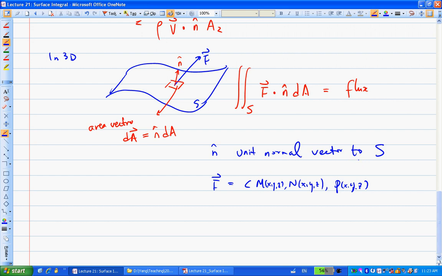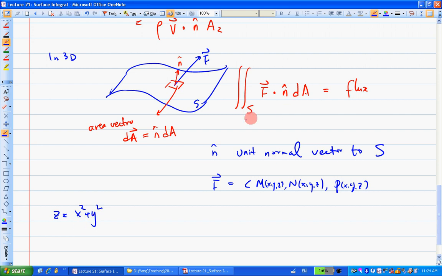Let's say you have this surface, z equals x squared plus y squared. That's a surface. And n hat is the unit normal vector to this surface.